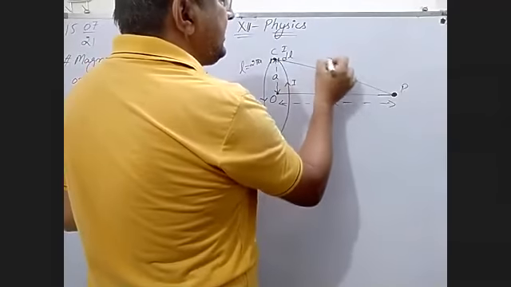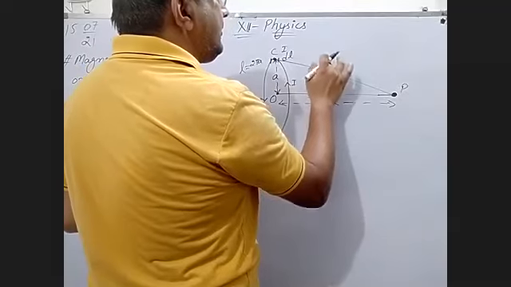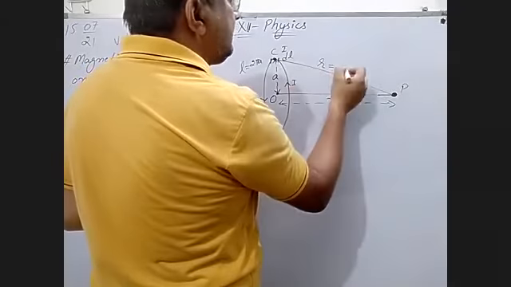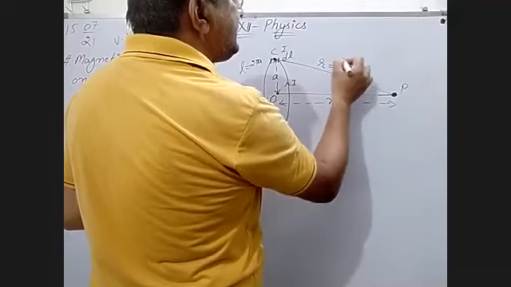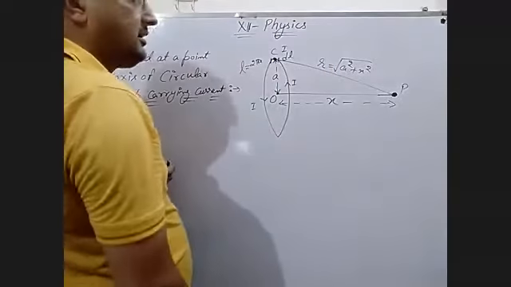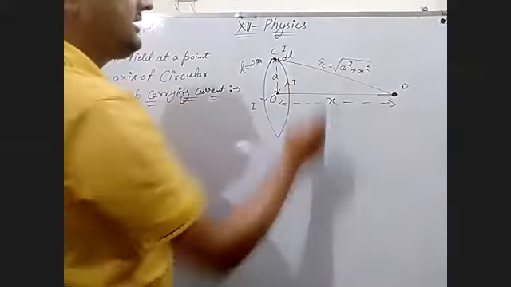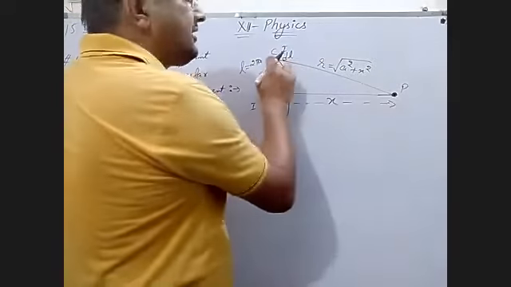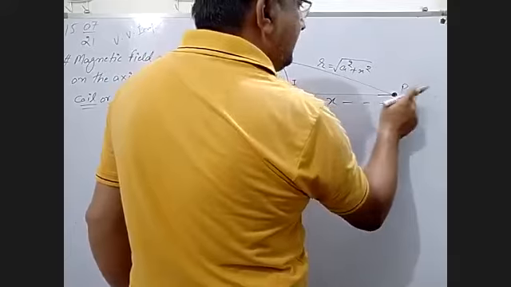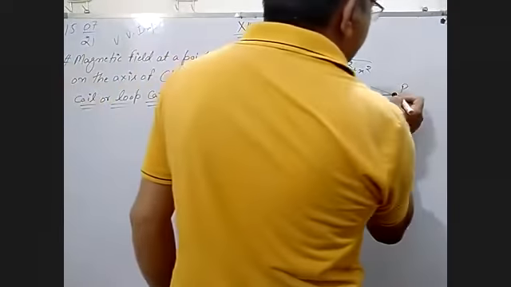Suppose this is r, the position vector, and if you want to calculate its value, then by Pythagoras you can take its value as the square root of a square plus x square. This is also a position vector here. Now, this position vector, this part, creates a magnetic field here.